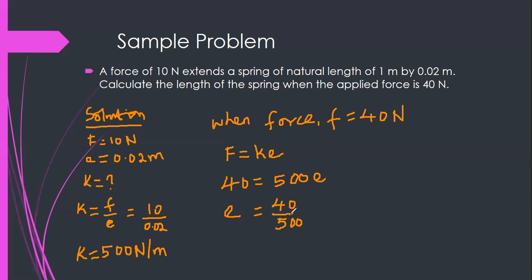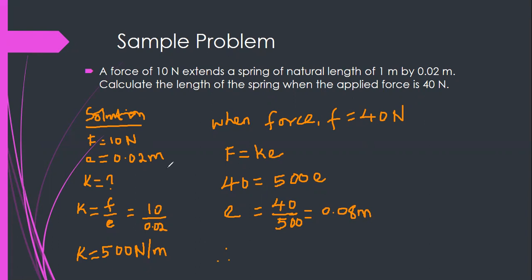40 divided by 500. So what are we going to have? 40 divided by 500 is 0.08 meter.